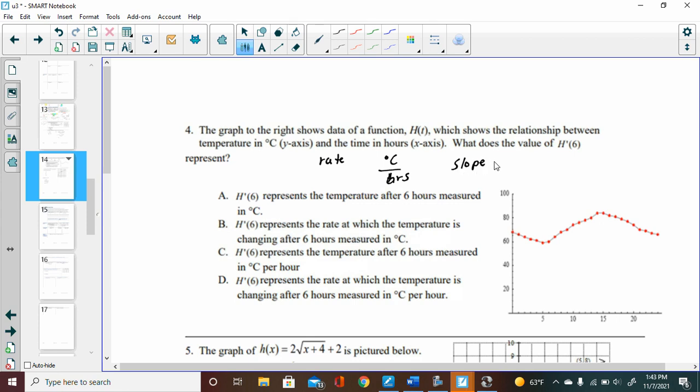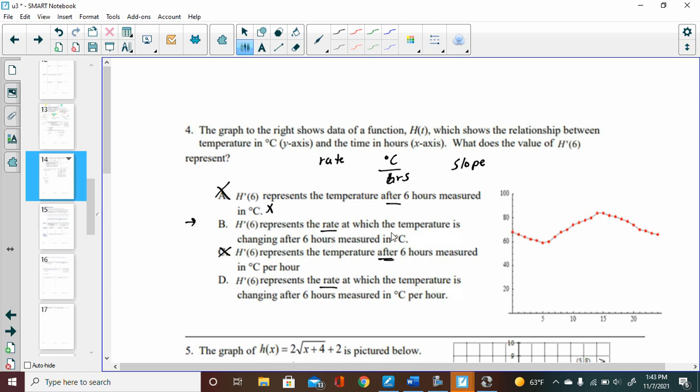It could represent a tangent. It depends on if it's a horizontal tangent, if it's a minimum or a maximum. So it says represents the temperature after 6 hours is measured. That's no. Represents the rate, so that's a keyword here. It represents the temperature after 6 hours tells me this is a no for a derivative. It represents the rate.